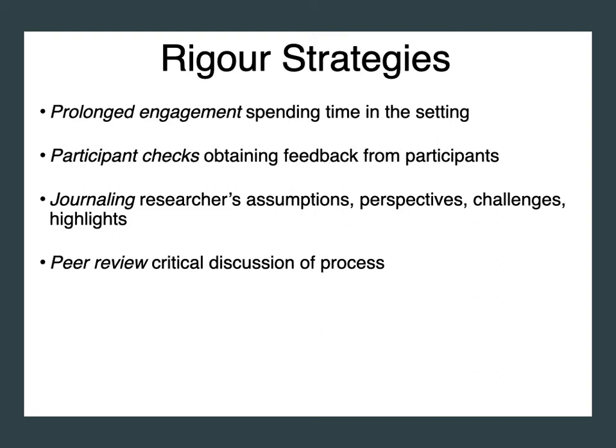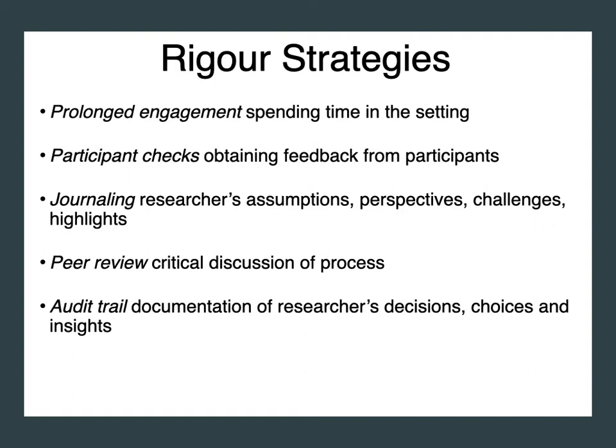So peer review is where a person who has some skills in this area, maybe has done qualitative research, is a colleague or a friend that you trust, you can critically discuss the ideas you're having with them, to check them, to develop them, and really to articulate them, and get into a process of critical analysis with this person, where they can help you deepen your reflections, to really ensure that you are defending your analysis.